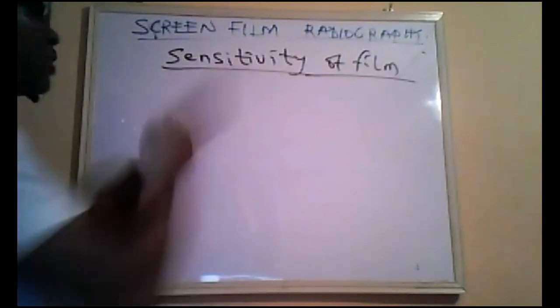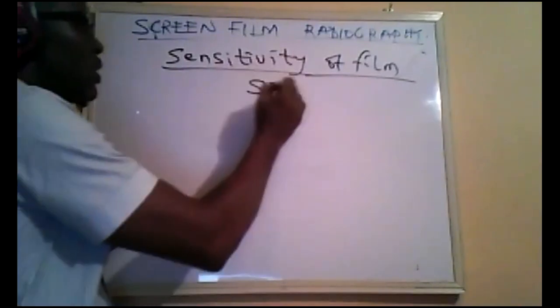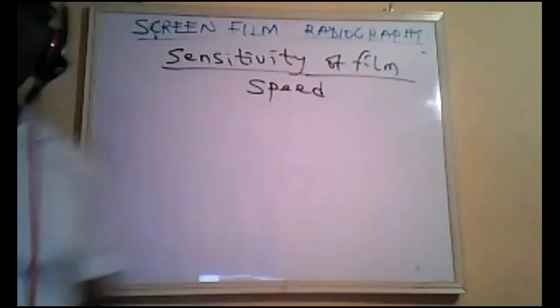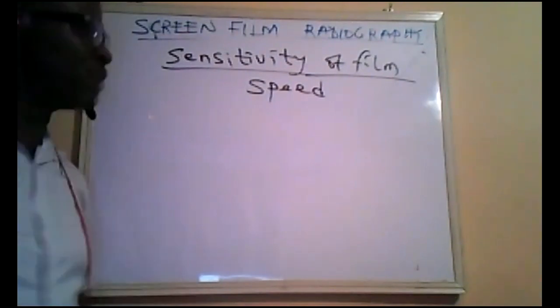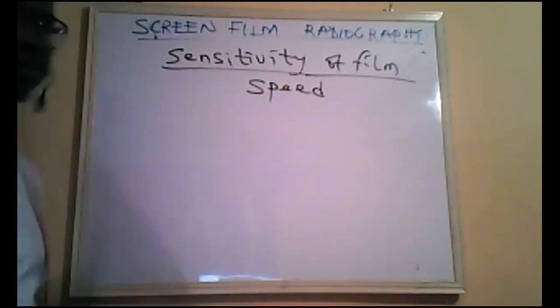Sensitivity of a film is what we normally know as the speed of a film. How efficient is a film in converting the X-ray photons into light photons? So that tells us the speed of a film.